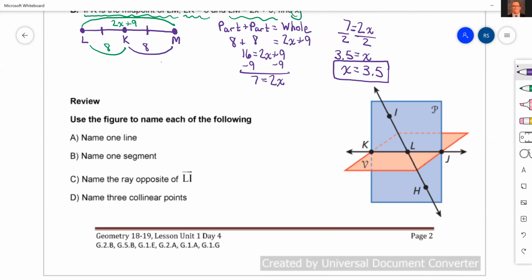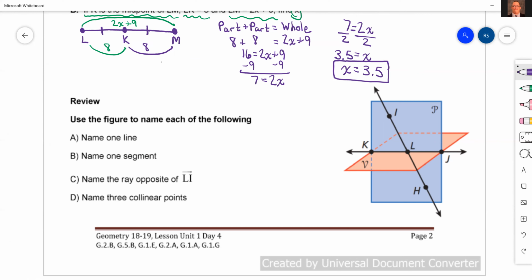Okay, name one line. Well, I see 2 lines. We just got to name one of them. And there's multiple ways to name these. You only have to use 2 points on that same line.